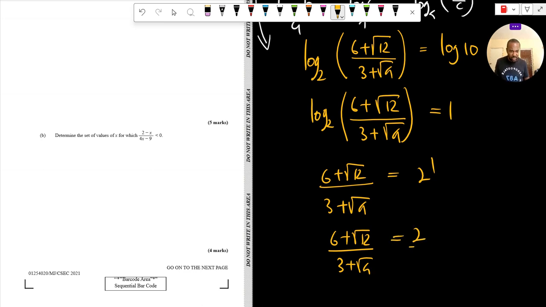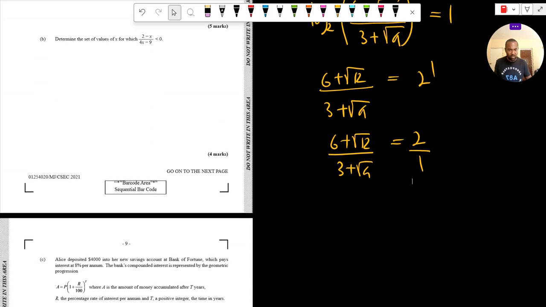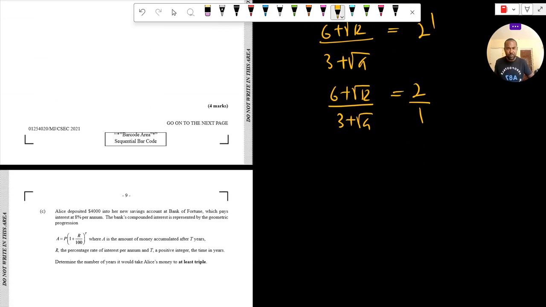Now, for the sake of cross multiplication, let's put this over 1 and then proceed to cross multiply. So if you cross multiply, it means that we multiply the numerator of one fraction by the denominator of the other. And so we get that 2 times 3 plus root a is equal to 6 plus root 12.